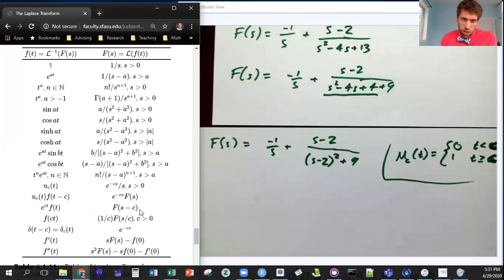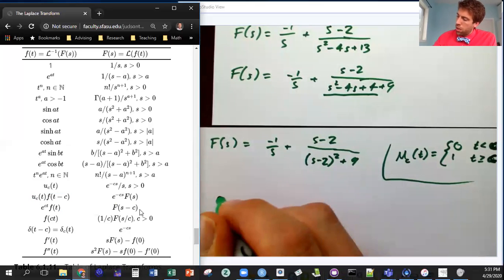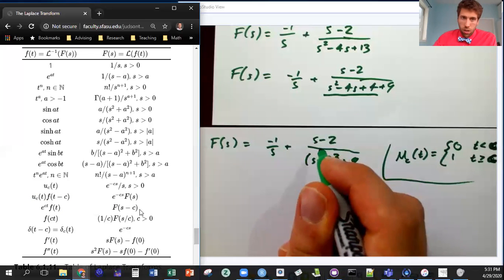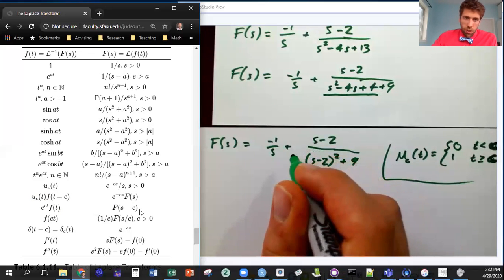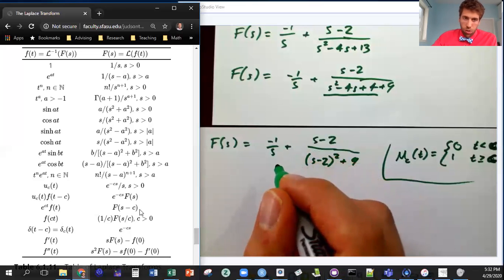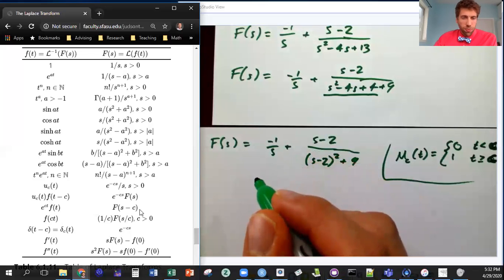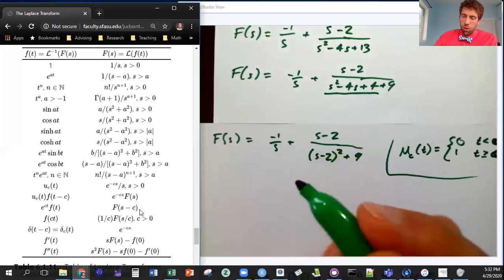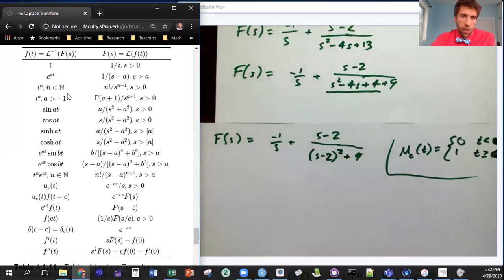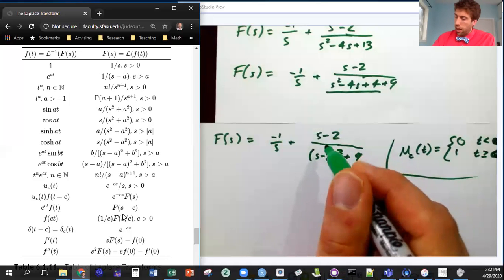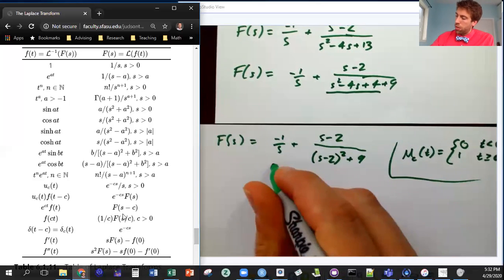So here, my function, I want to think of F of s minus 2. Let's think carefully through this. Basically, you look at e to the at, it shifts s minus 2. And so when you've got a minus 2 situation here, this one is pretty simple.